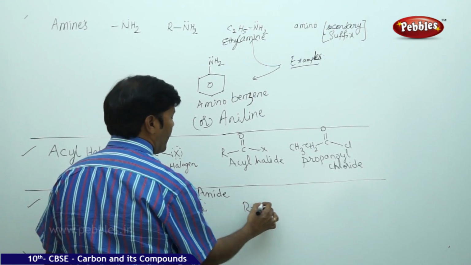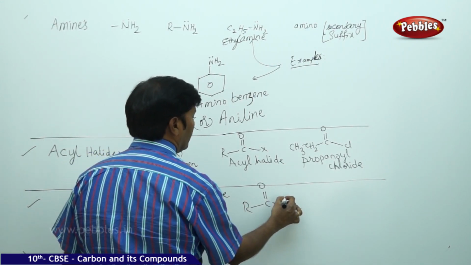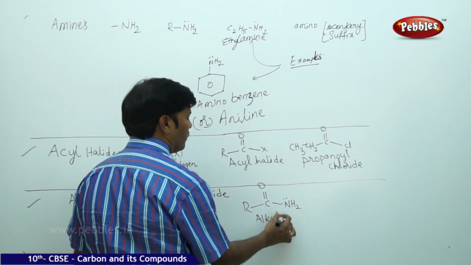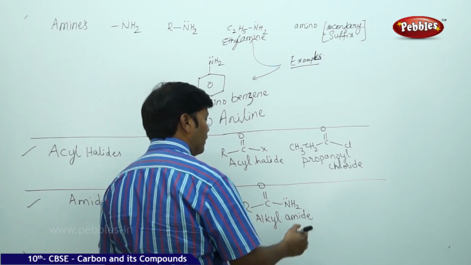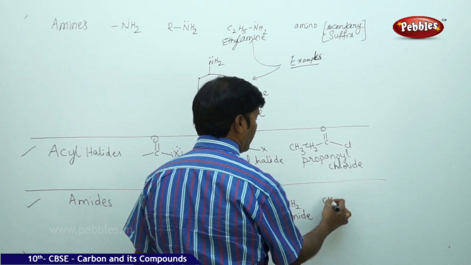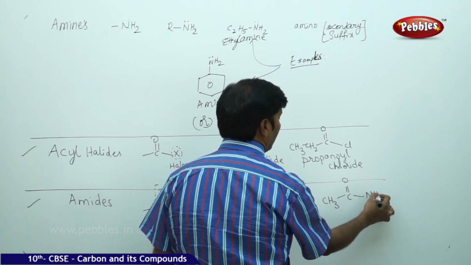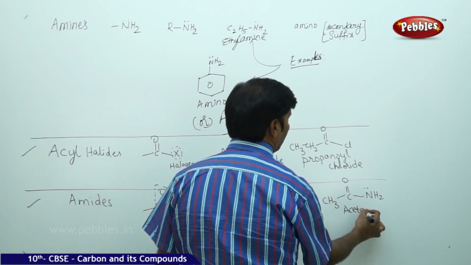General formula R C double bond O of NH2, alkyl amide. Example, you can take CH3 carbon double bond oxygen NH2, acetamide.